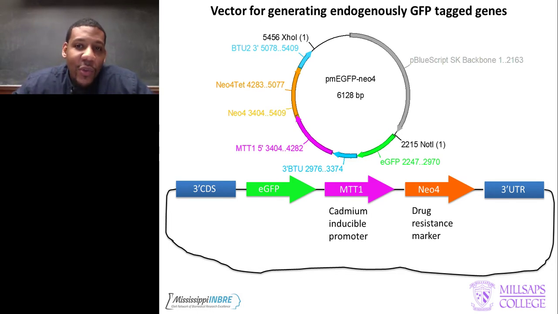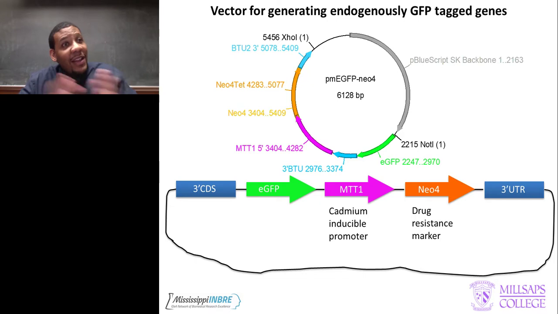So to do this, we use a plasmid that allows us to clone upstream and downstream flanking sequences of the Reticulon gene next to green fluorescent protein, and a promoter called MTT1 that's cadmium inducible, that's driving the expression of a drug resistance marker.